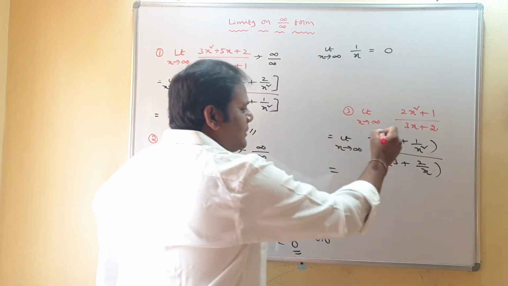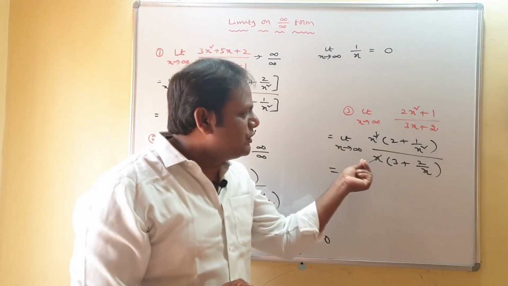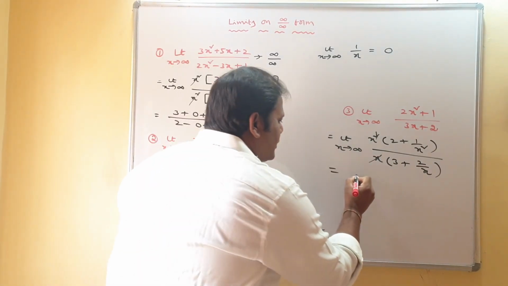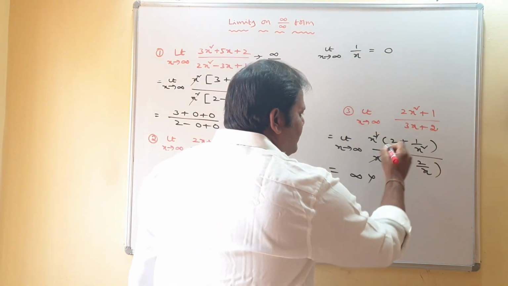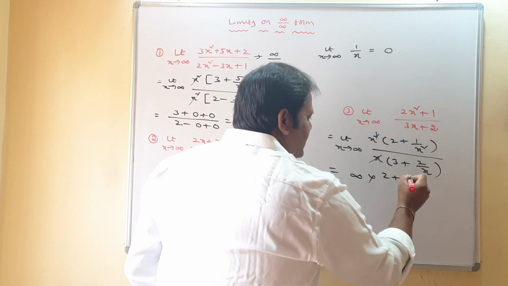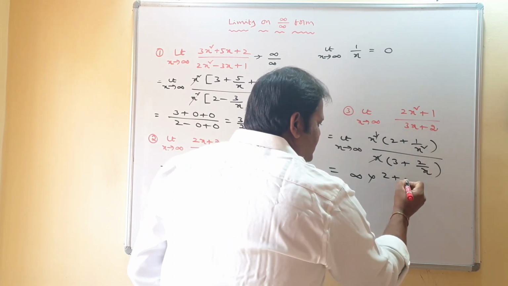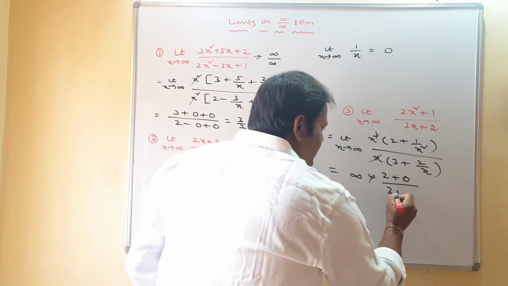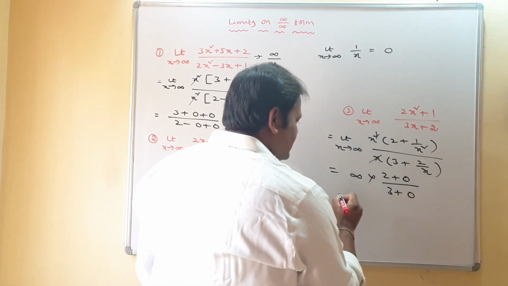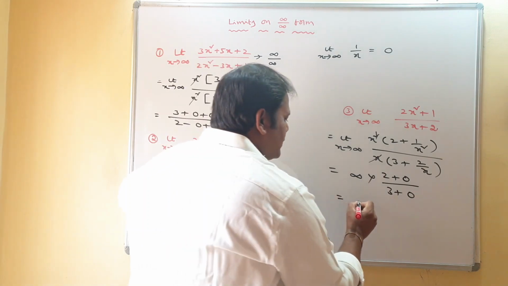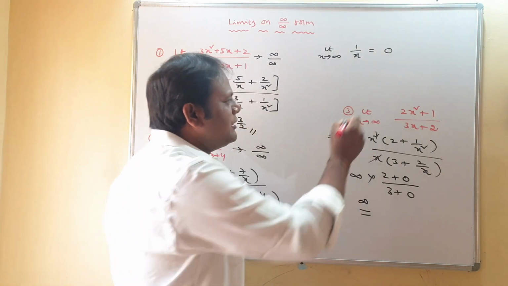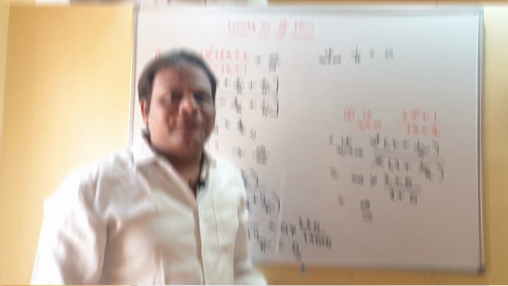So it is limit x tends to infinity, x becomes infinity into, here it becomes 2 plus something by denominator approaching infinity, so 0 by 3 plus 0. So infinity into a positive value again approaches infinity. So the limit of this function is infinity.